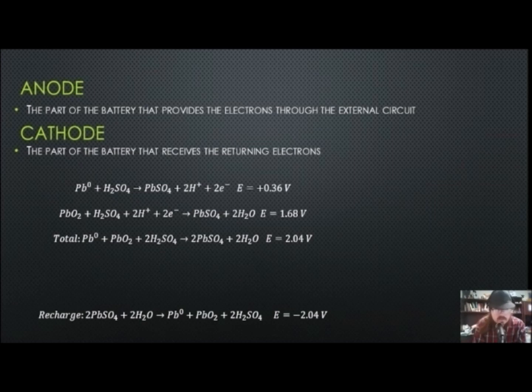So what you're doing is you're taking the lead sulfate and the water and turning it back into lead and lead oxide. The advantage of these guys is lead sulfate is a solid, and the lead sulfate solid forms on the grid that keeps it in place and doesn't allow it to just fall to the bottom of the battery.